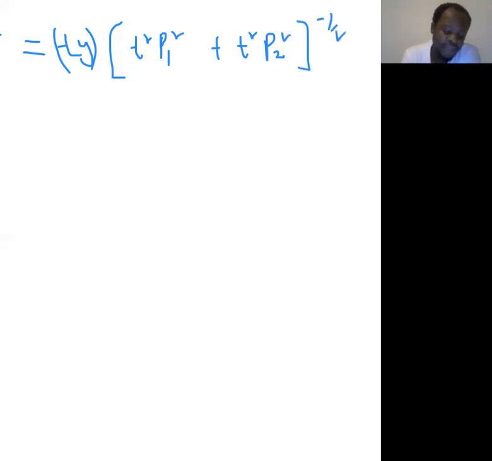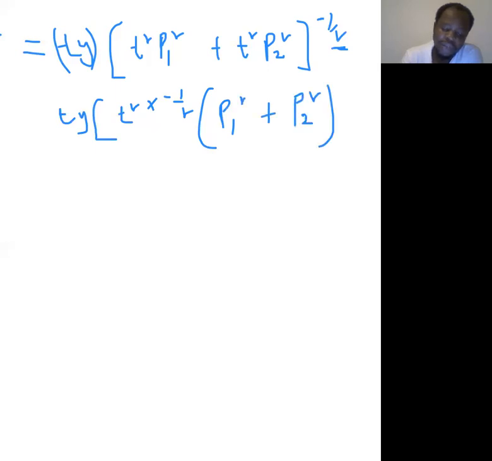So when I factor out my T^r, I'm going to have it as T^r, but there's also an exponent here, -1 over r, into bracket P1^r plus P2^r, -1 over r. So this cancels this, and I'll have TY times T to the negative 1, bracket P1^r plus P2^r, -1 over r.